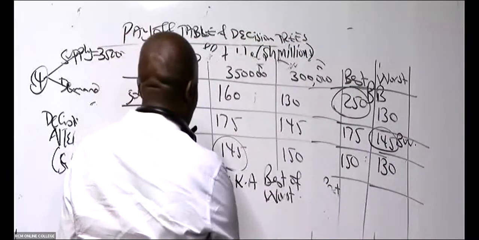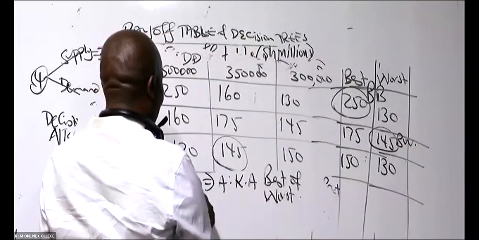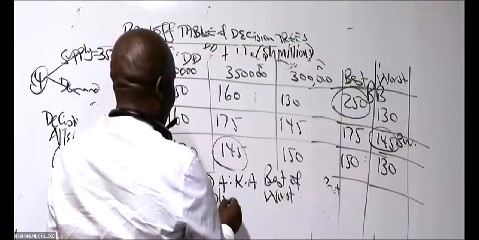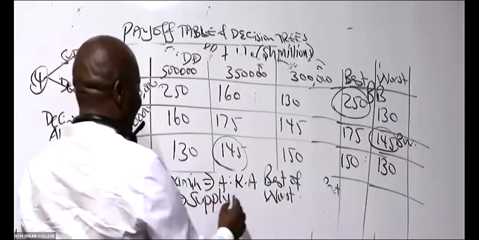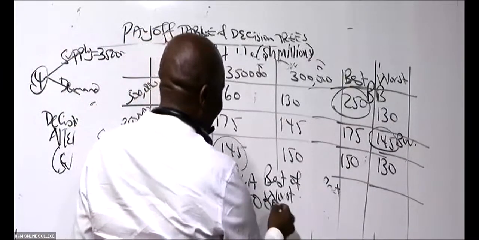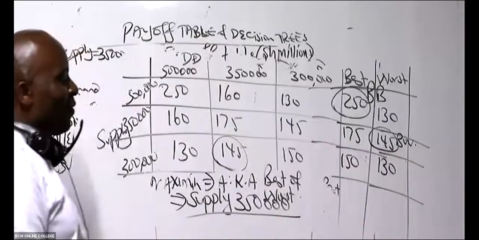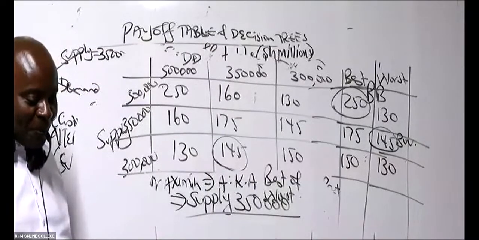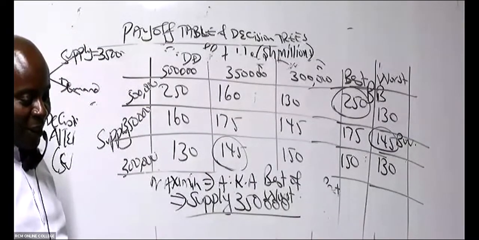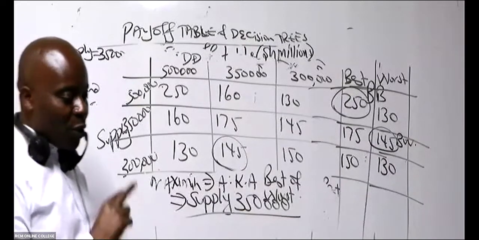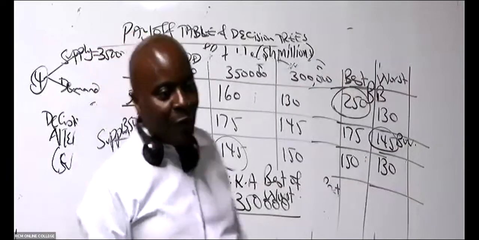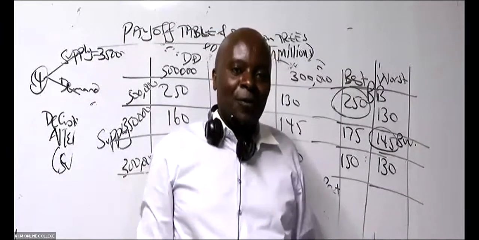And therefore, if it's max mini, in this case here, supply how many units? 350. Supply 350,000. I'm so sure the students who are here, had you done this question this way, we would be talking of a different story, but such is life.